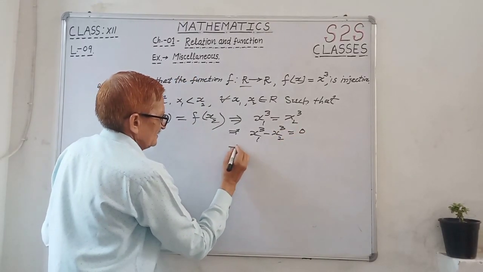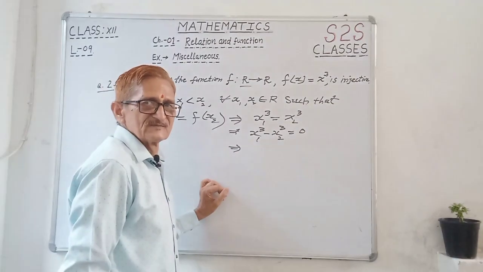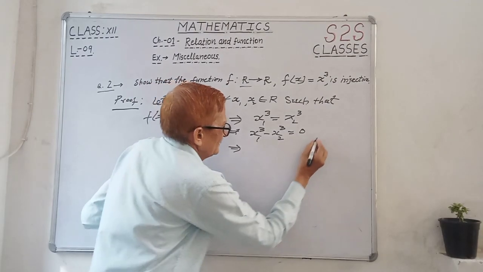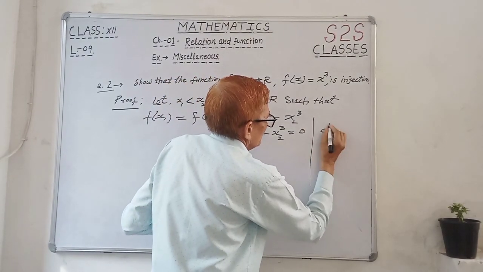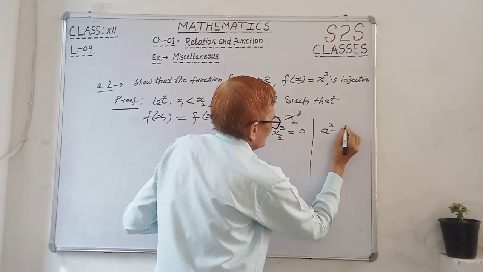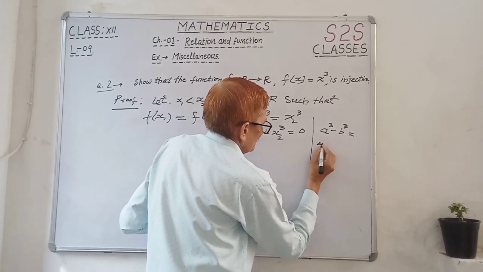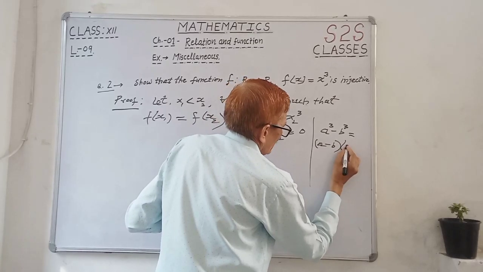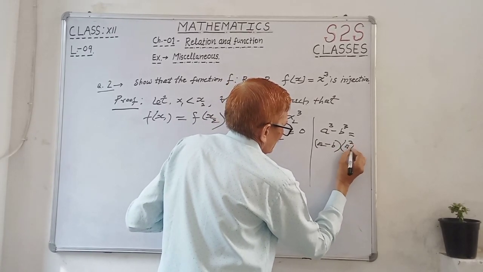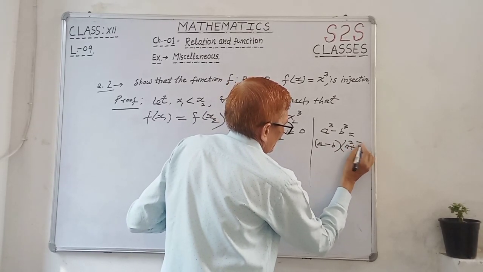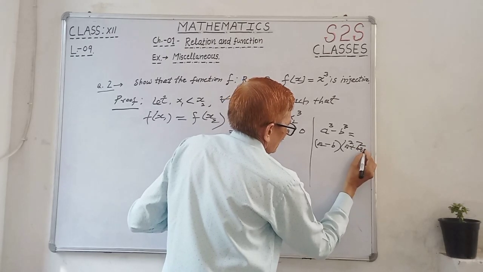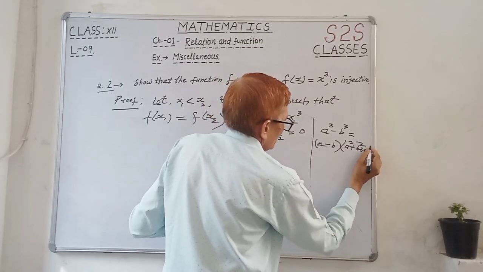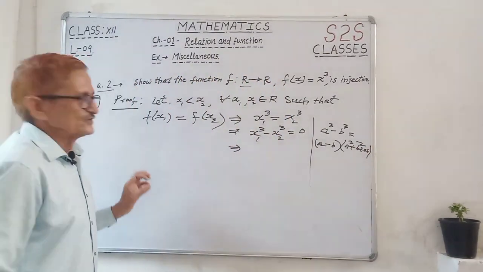Then two factors: a cube minus b cube factors as (a minus b) one factor, other factor a square plus b square plus ab. Okay, use this.